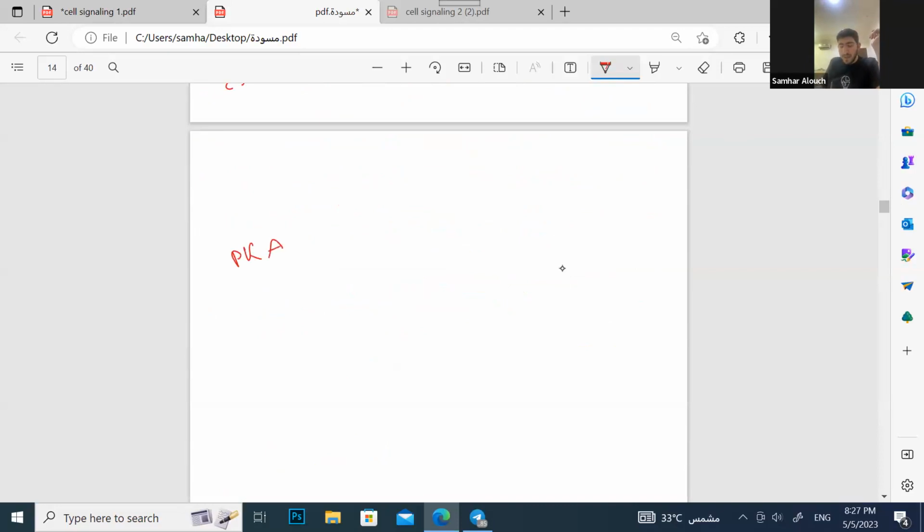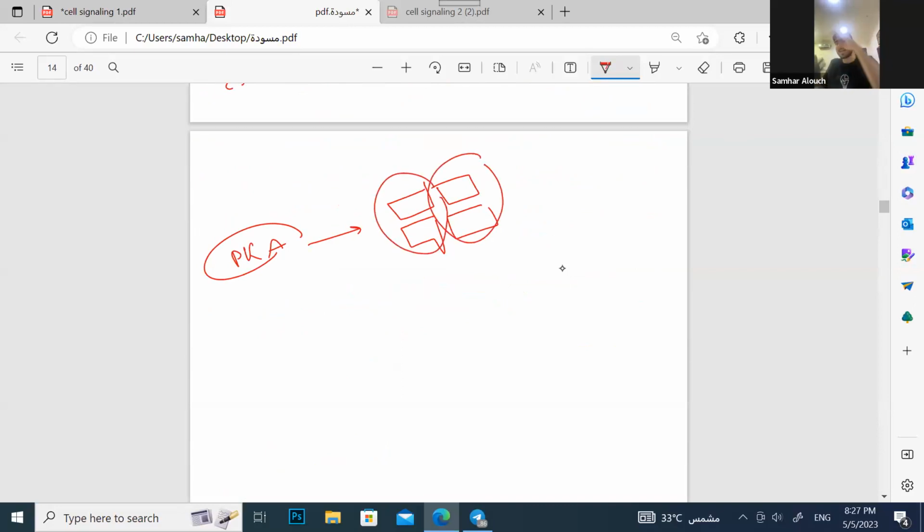PKA, or protein kinase A, when it's inactive, is made of four subunits. The two subunits here cause the action, and the two subunits here inactivate them. So it's made of four subunits, two for causing the action, the phosphorylation, and two for inactivating them.